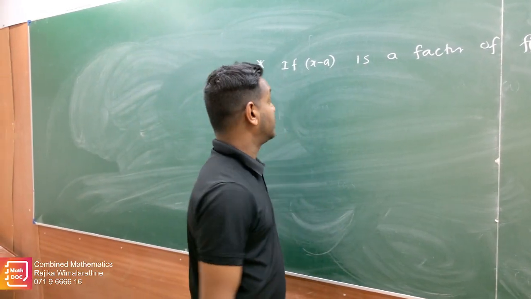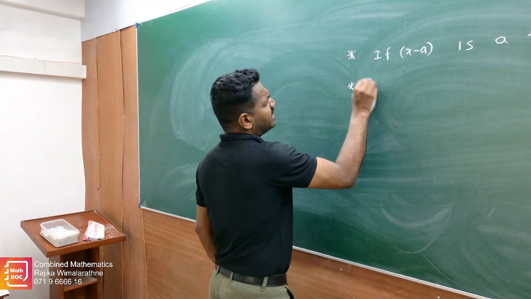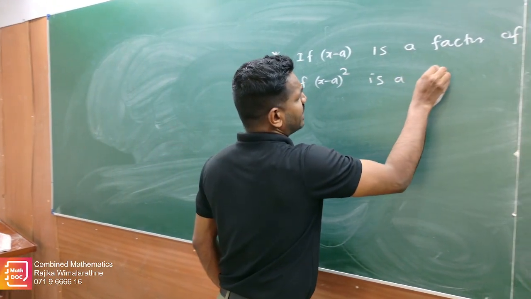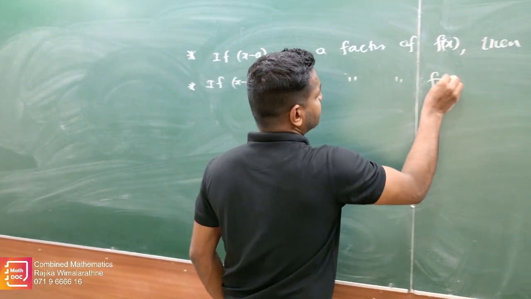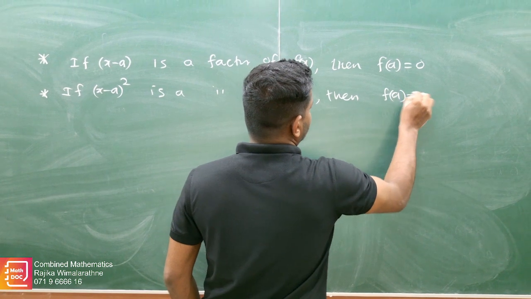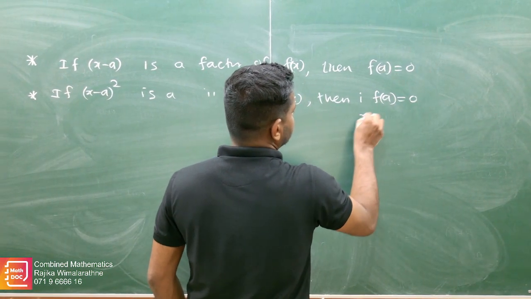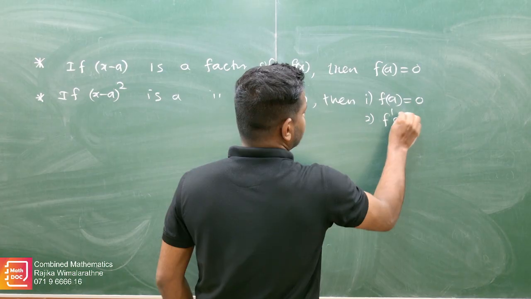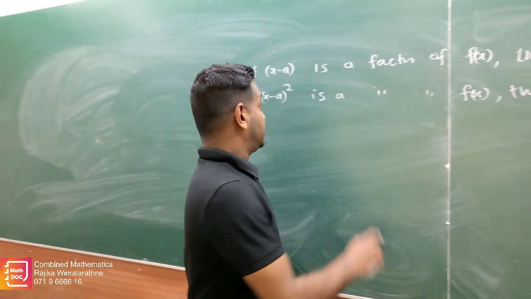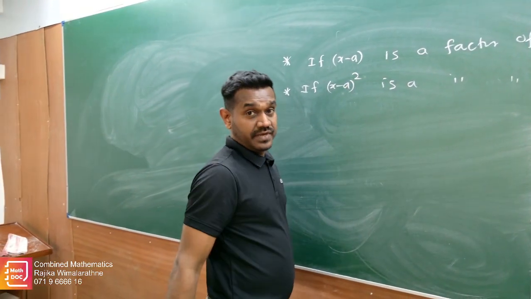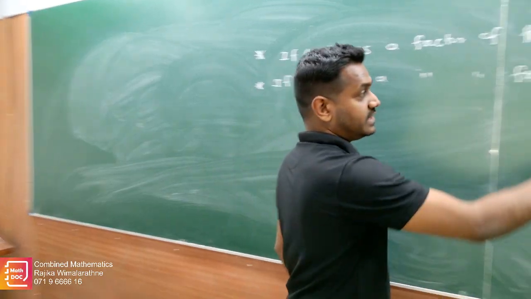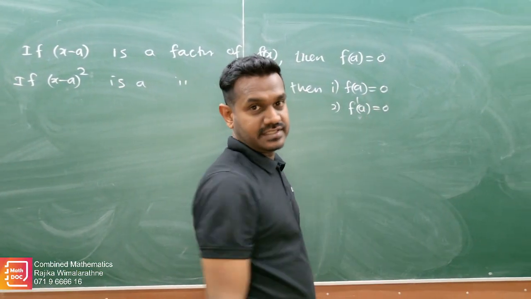Second, if (x minus a) squared is a factor of f(x), a repeating factor, then f(a) equals 0 and also f dash a equals 0.